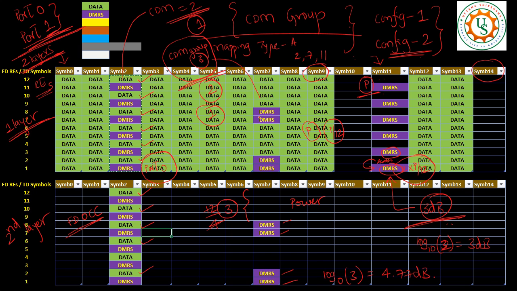However, let's say you're using CDM group number 2, which means the data is not available. I will take symbol number 11, where data is not present. In which case, how can I allocate my DMRS? So I can start from here, right?